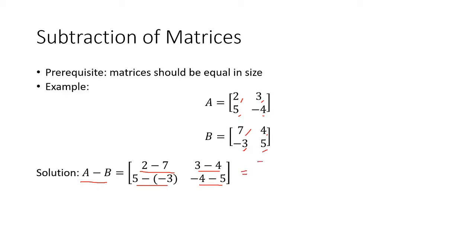So the expected answer is negative 5, minus 1. 5 minus negative 3 is just 8. So 5 plus 3. Negative 4 minus 5 is negative 9. So this is the answer.